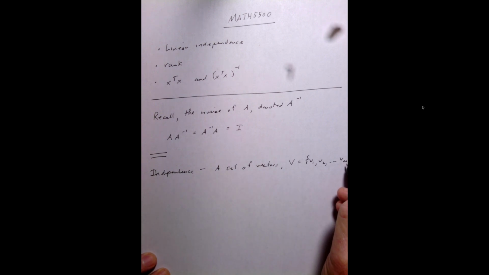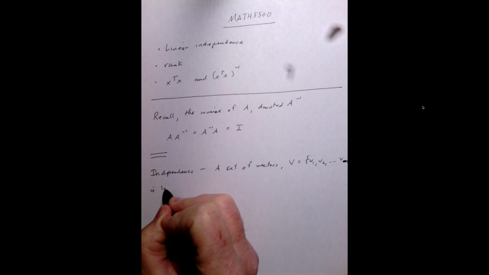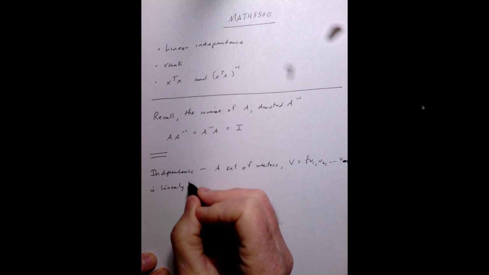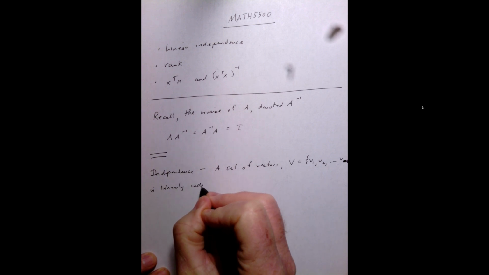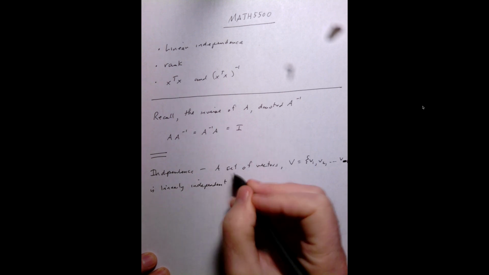Rows, we use sub k. I don't want to mess that up because we do R by M. Anyway, is linearly independent. Having a hard time writing today for some reason.